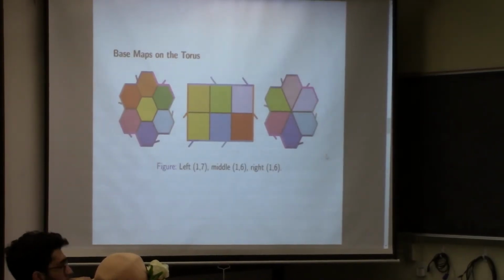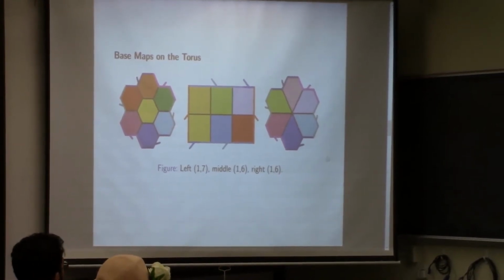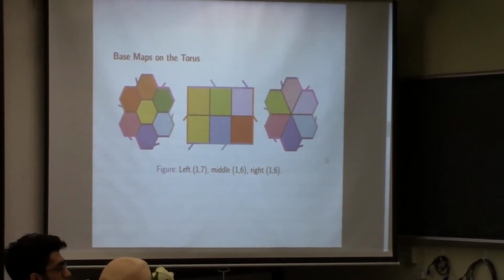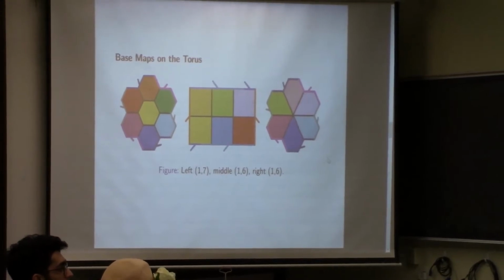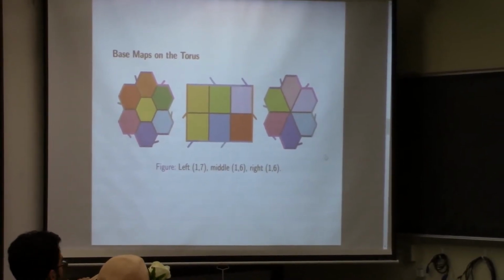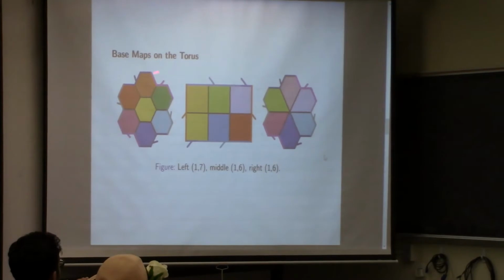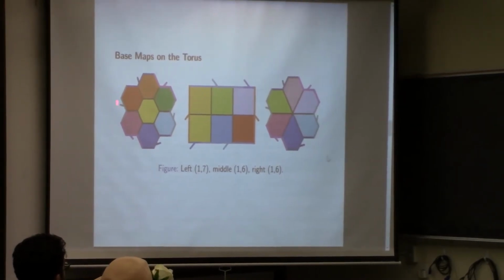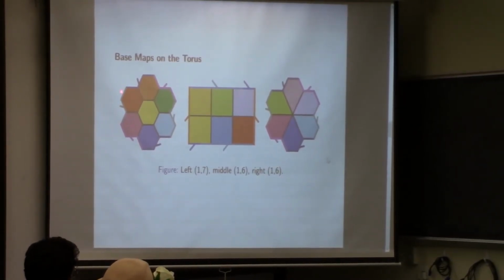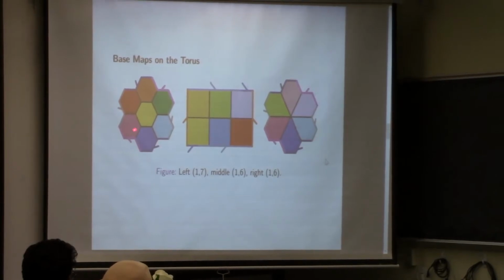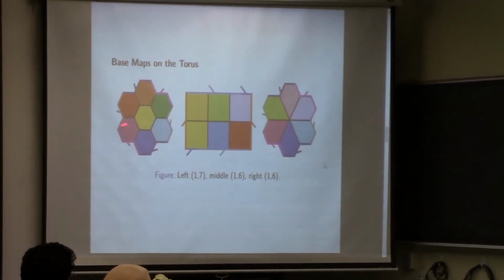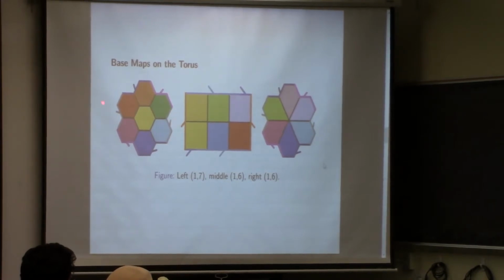So now we have some base maps on the torus. The left one is a hexagon. If you look at it here, you see that it has 3 pairs of opposite sides that are distinct colors. So here it's purple, here it's purple. So these 2 sides are identified, and then these 2 are identified, and then these 2 are identified.